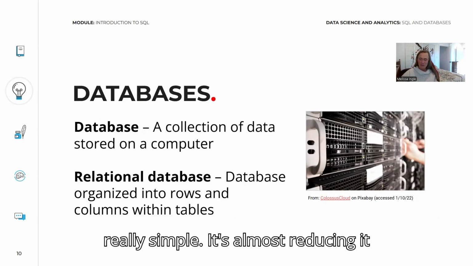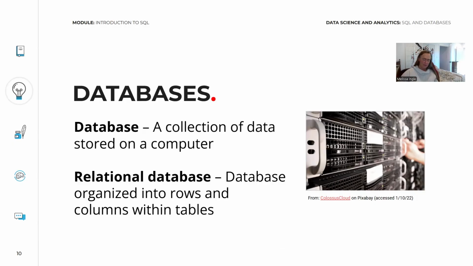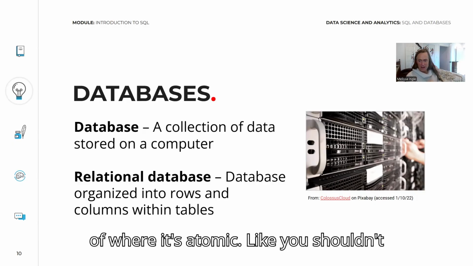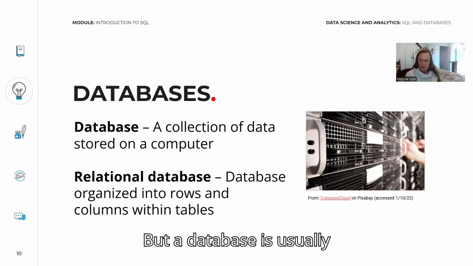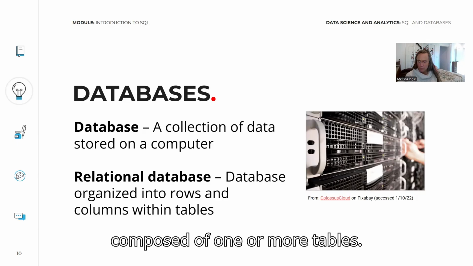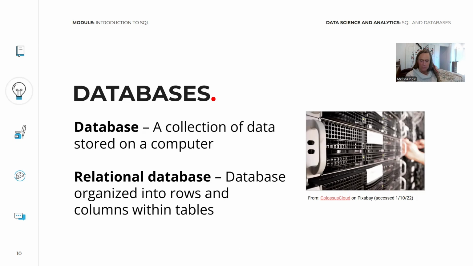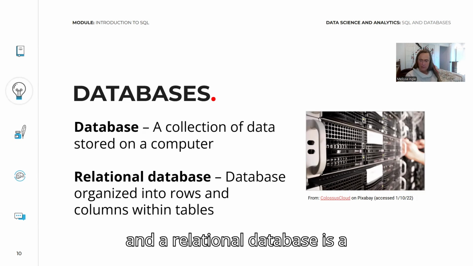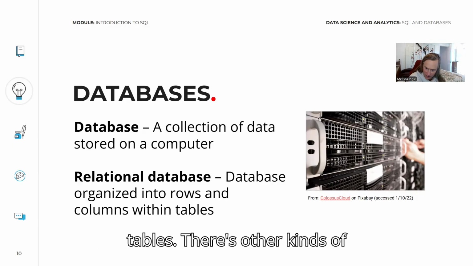A database is usually composed of one or more tables. We're going to explore some of those today. And a relational database is a database where data is organized into rows and columns within tables.